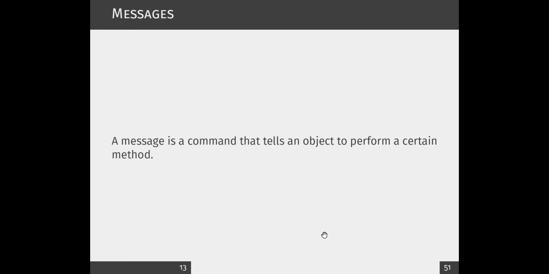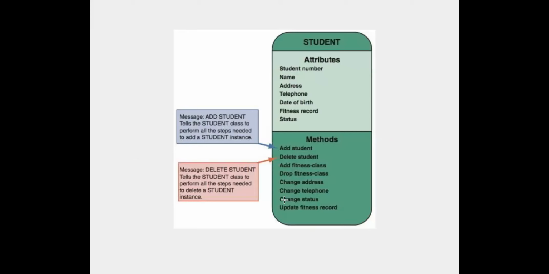So the message can be used to tell different things to different objects. You can see here we have a student, and when you have a message, we have add student.